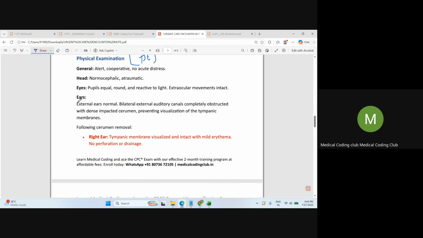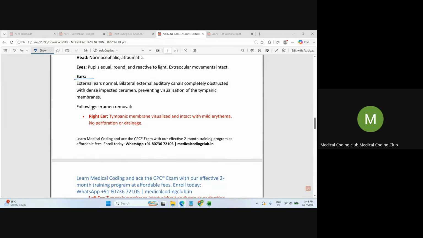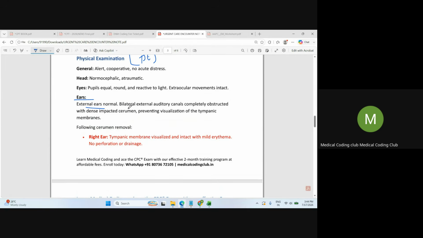For example, under ears, they have mentioned that external ears are normal, bilateral external auditory canal completely obstructed with dense impacted cerumen. Impacted cerumen refers to wax in the ear. It is waxy in nature and is there for lubrication purposes; it has its own function.